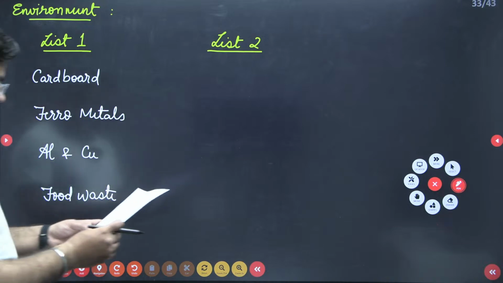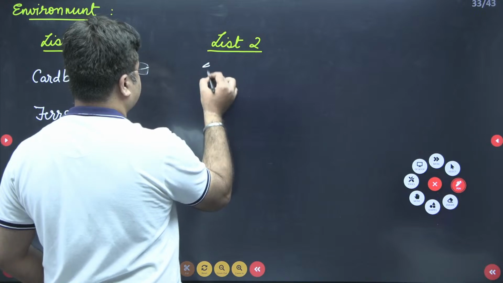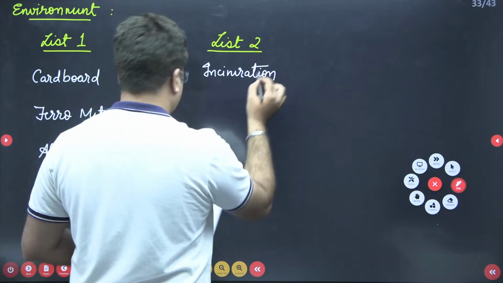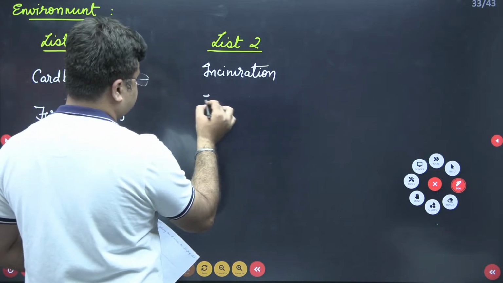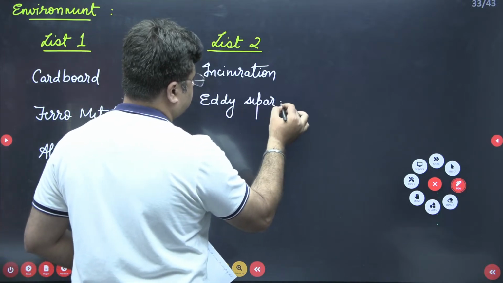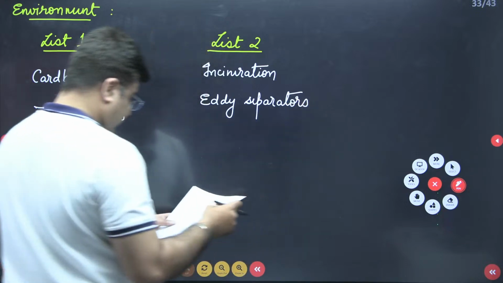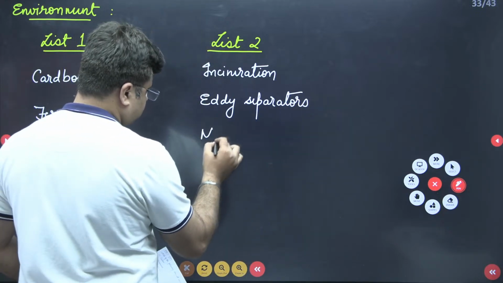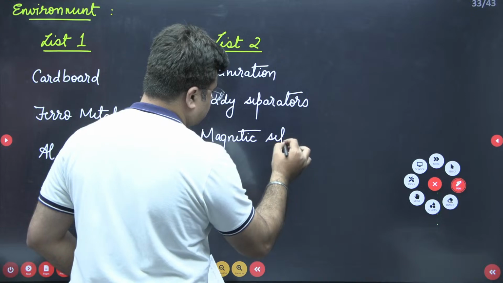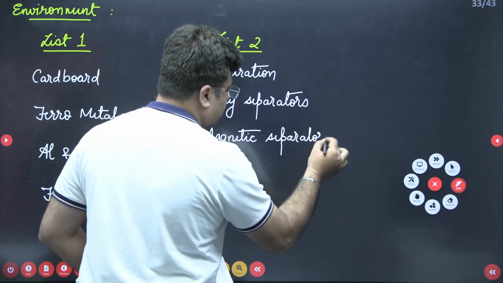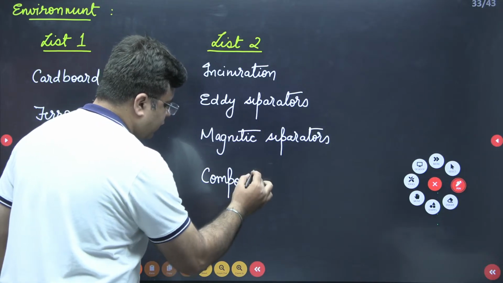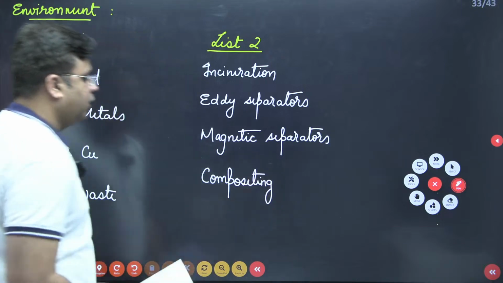And the methods of disposal are given to you as incineration, and after that you have eddy current separators, then you have magnetic separators, and last you have composting. So you need to match these methods of disposal with the different solid wastes.